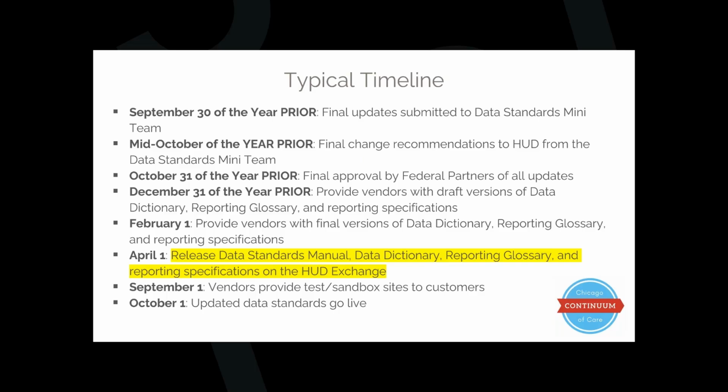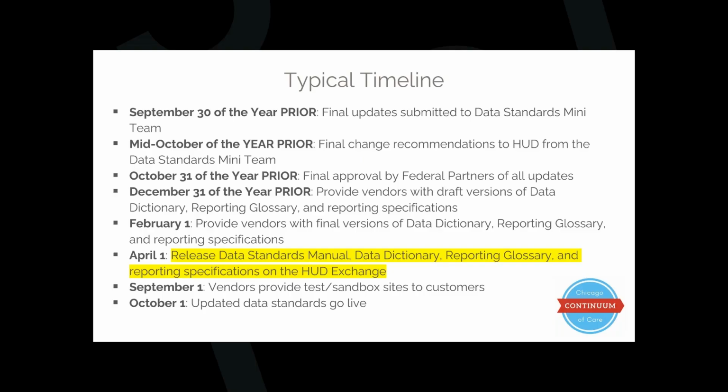Typically on April 1st, HUD releases the data standards manual, the data dictionary, reporting glossary, and reporting specifications on the HUD Exchange. So usually everyone is aware of what's to come, and we can plan for it and read through the documentation and understand what is to come. September 1st, vendors provide a test sandbox site to COCs.